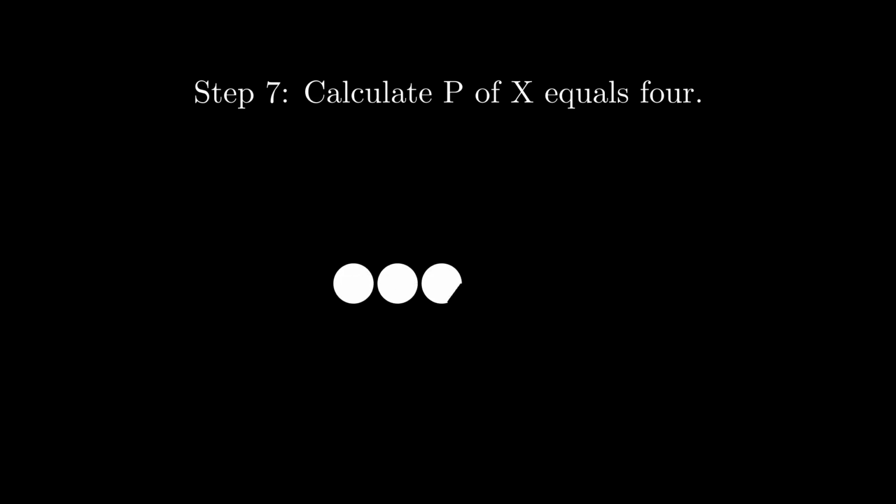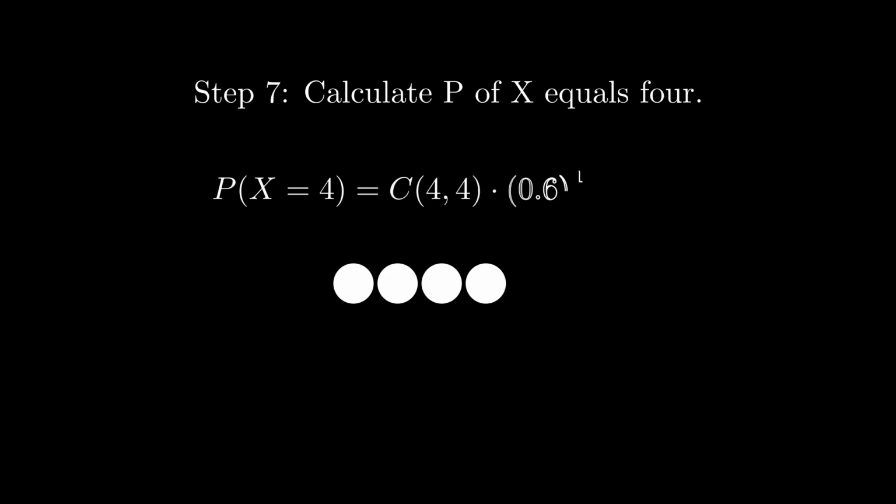Step 7. Calculate the probability of hitting the target 4 times. C of 4, 4 is 4 choose 4, which is 1. 0.6 to the power 4 is 0.1296, and 0.4 to the power 0 is 1.